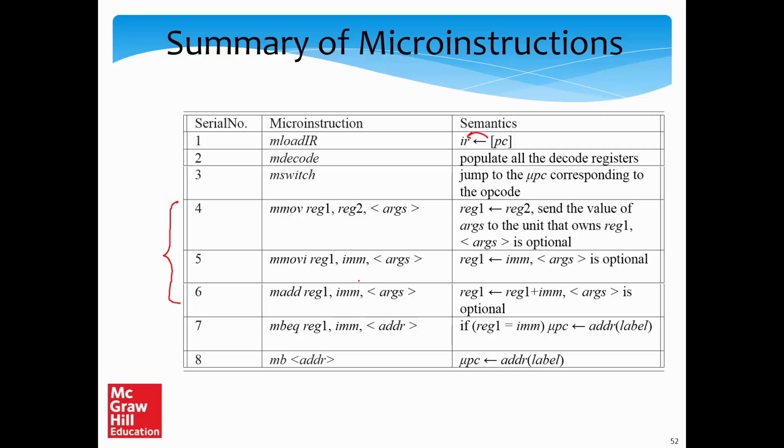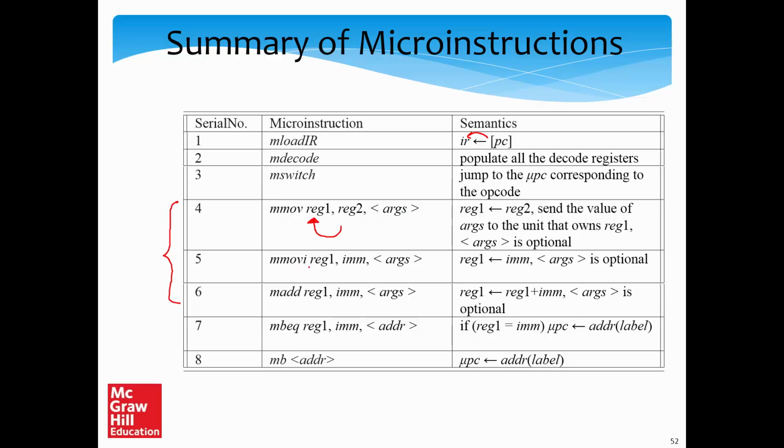And these are all micro registers. And we send the value of args on the bus, specifically to the unit that owns reg1. For example, if we send it to ALU result, it'll essentially go to the ALU. Since it's sent on the bus, theoretically everybody can read, but the unit that owns a certain register is the one which is supposed to read and process it.